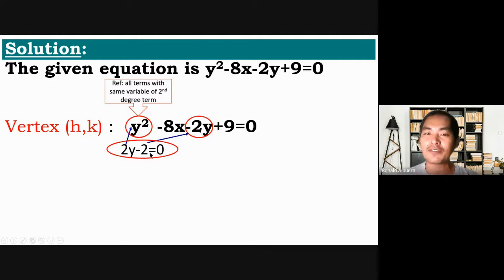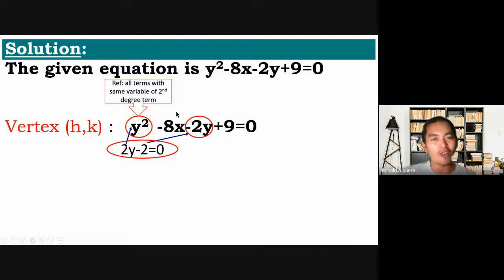How to get for the derivative? Pagkuha ng derivative, ang formula niyan is multiply the coefficient of y squared times the exponent. That's the new coefficient. Then what happened to the variable? You copy the variable. And what happened to the exponent? You subtract the exponent by 1. Okay, let's try.